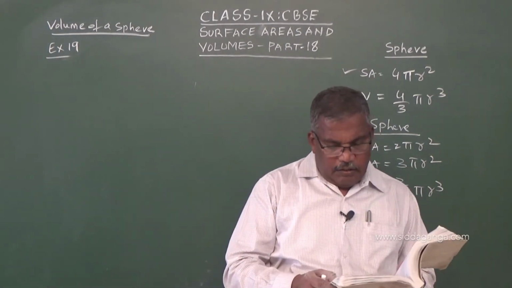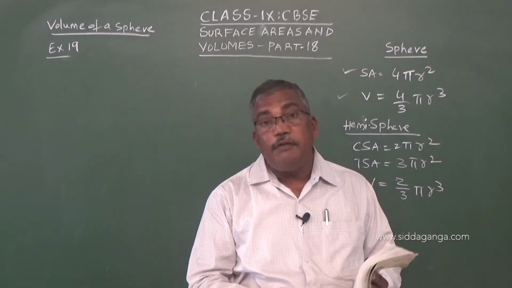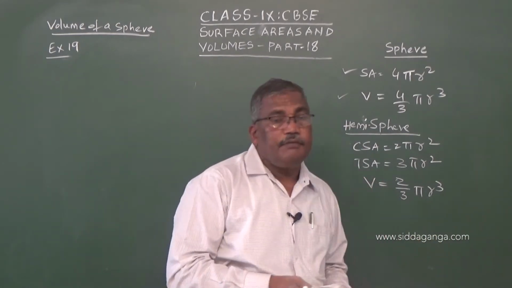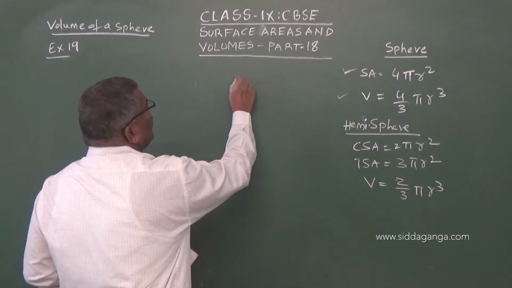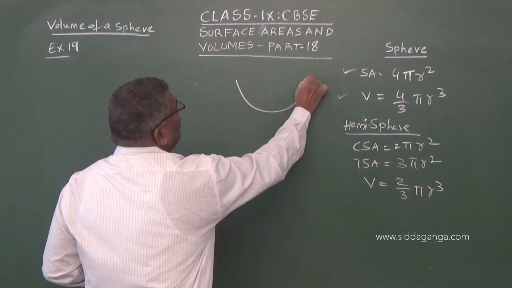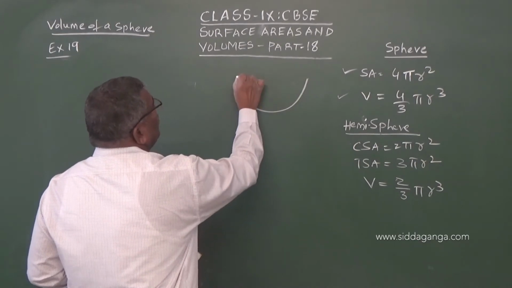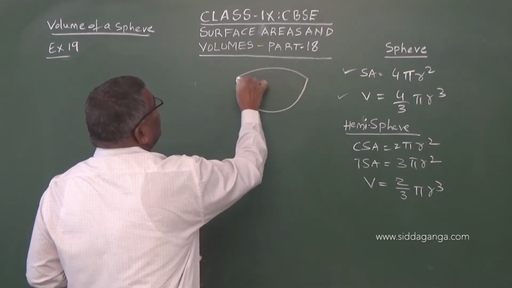A hemispherical bowl has a radius of 3.5 centimeter. So it is a bowl of hemispherical shape, a bowl like this.